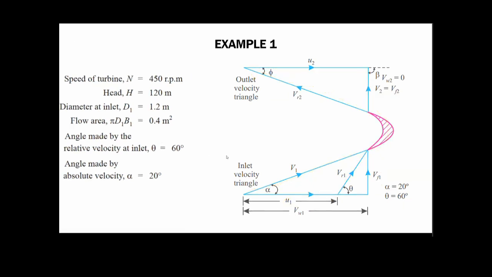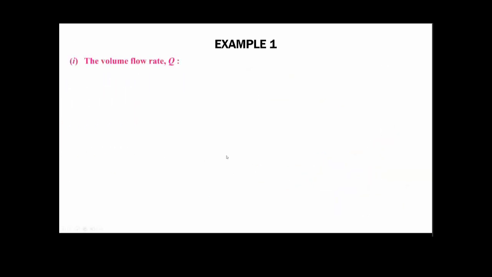Next we want to solve the first question, which is the volume flow rate. We know volume flow rate can be calculated by this equation, pi d1 b1, which is the area at the inlet, multiplied by the velocity at the inlet.